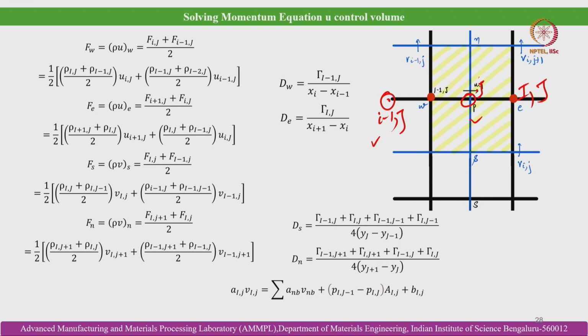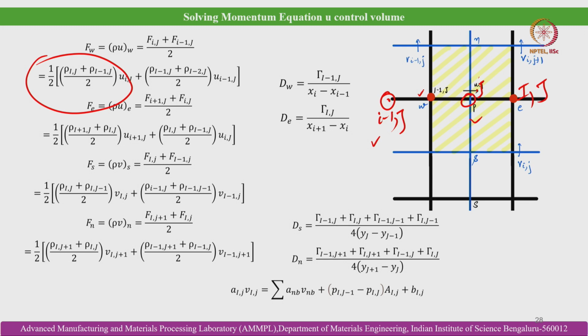So we are getting this expression from here. It is half bracket rho I j plus rho I minus 1 j, plus divided by 2 into U I j, U I capital J.